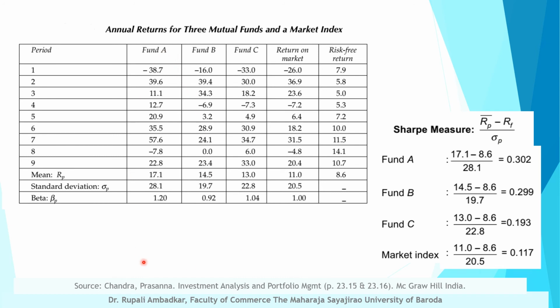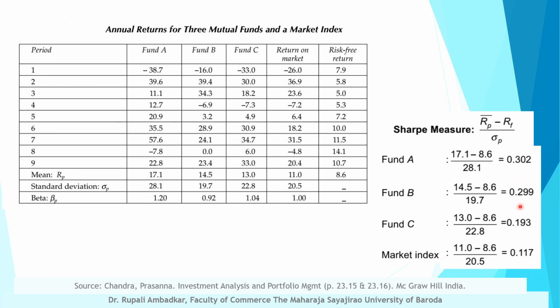In case of Fund A, if you have to calculate the Sharpe measure, the average return is 17.1. The average risk-free rate of return is 8.6. The standard deviation of the portfolio is 28.1. So we can calculate the Sharpe measure of Fund A as 0.302.